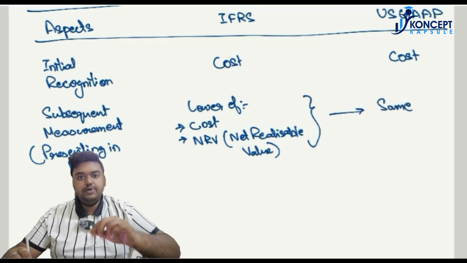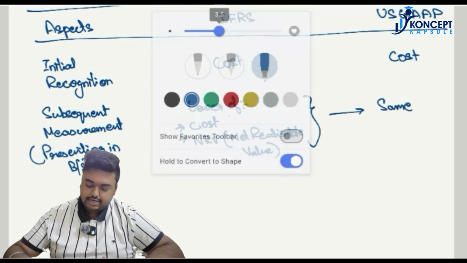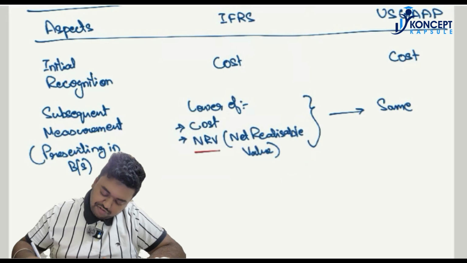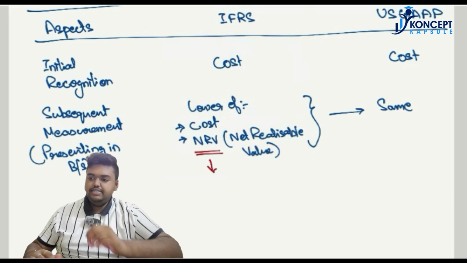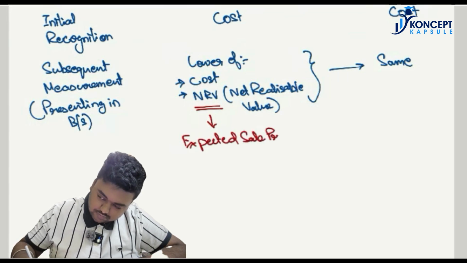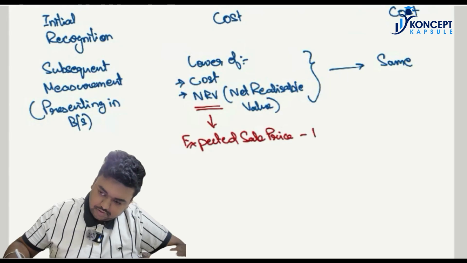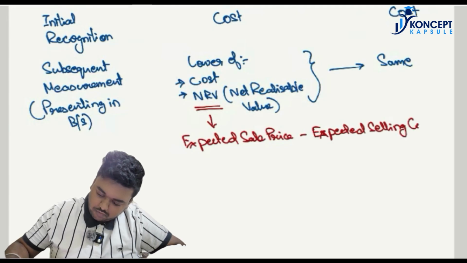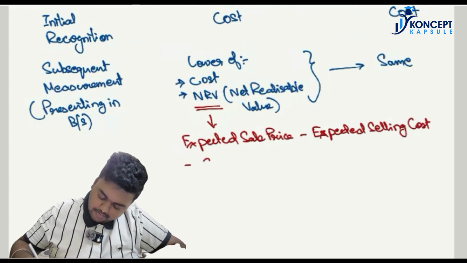Now an important question that arises is, what is net realizable value? The formula for net realizable value is expected sale price minus expected selling cost minus cost of completion, if any.